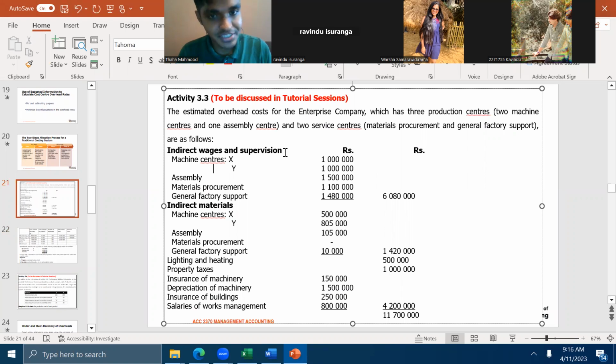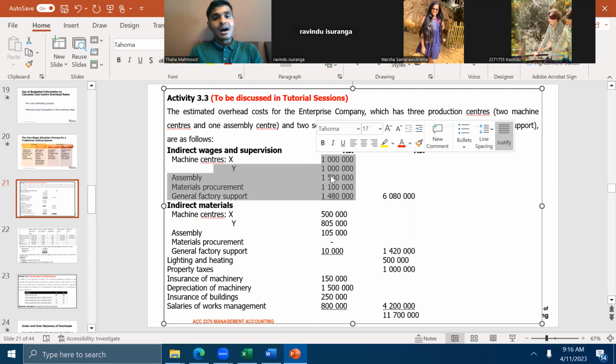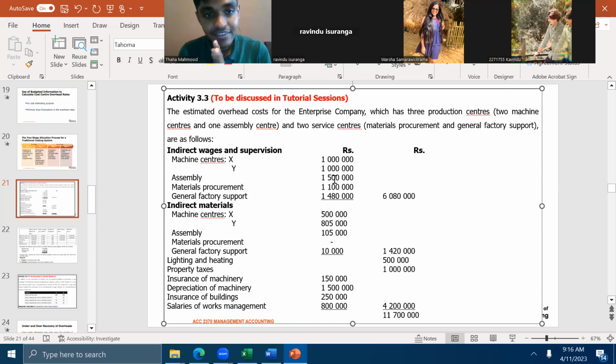Indirect wages and supervision. It's indirect labor cost, which is production overhead. It says for machine centers X and Y and assembly, for each department, they have separately traced these indirect wages and supervision. They have budgeted 6,080,000, and they budget for each department separately.